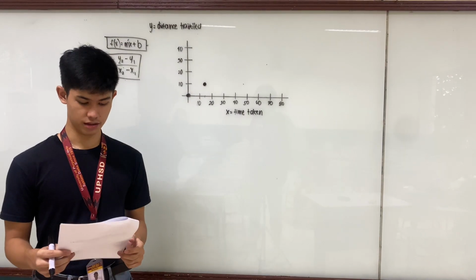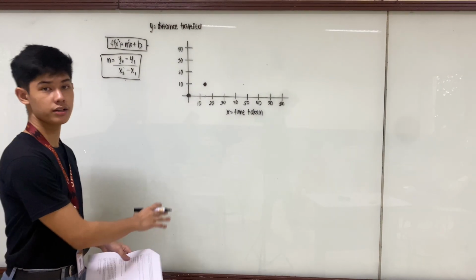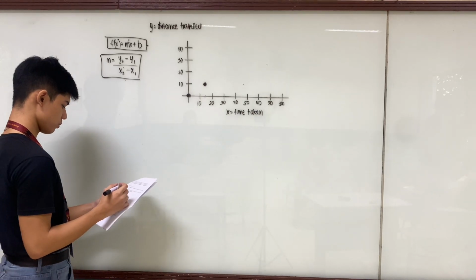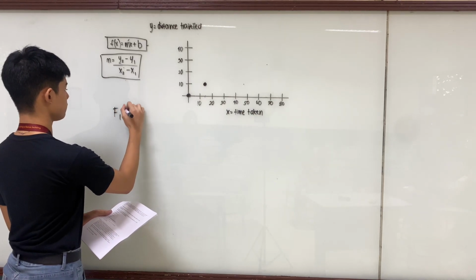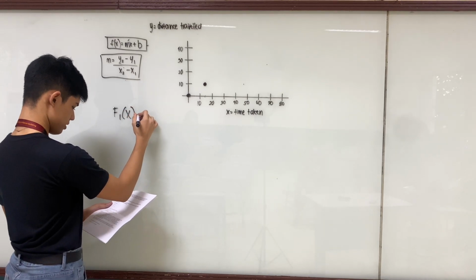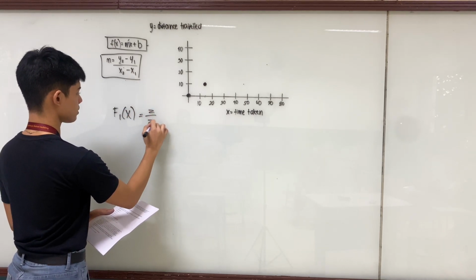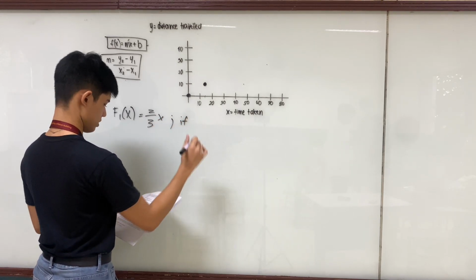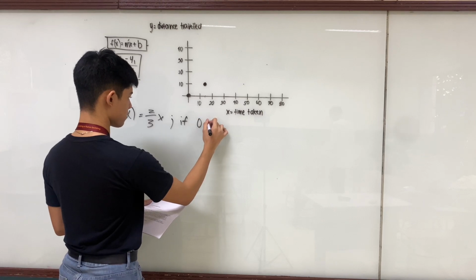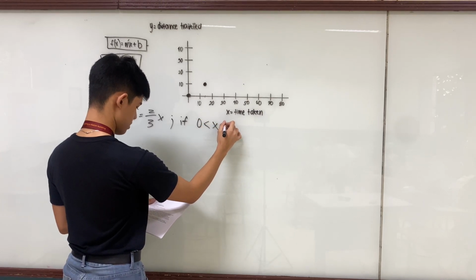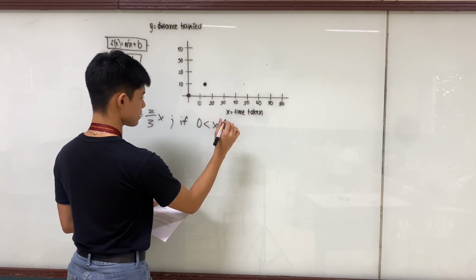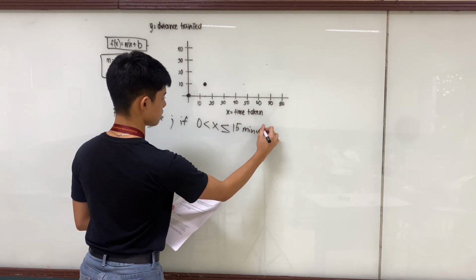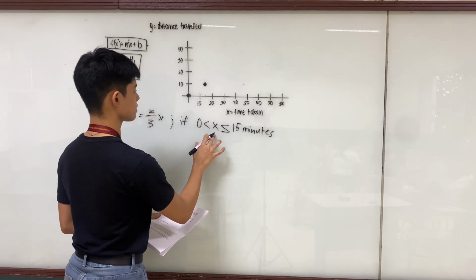So given our solution a while ago, our first function is f sub 1 of x is equal to 2/3 x, if x is greater than 0 but less than or equal to 15 minutes, since x is the time limit.